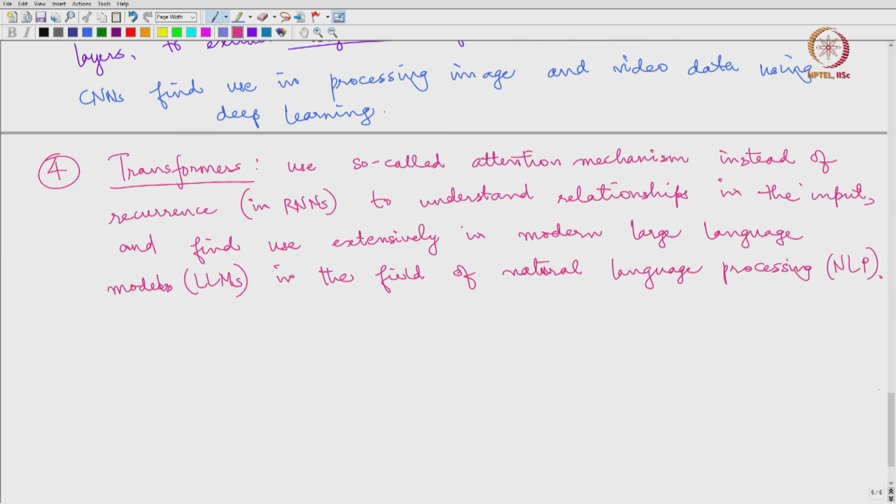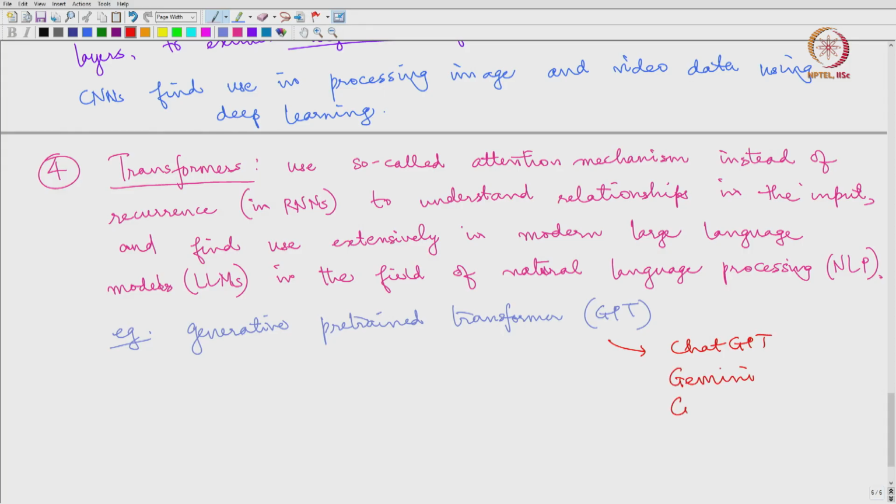So, examples basically are ChatGPT and BERT and so on. So, one type is generative pre-trained transformer. This is abbreviated as GPT, and this is the backbone of things like ChatGPT, Gemini, Copilot and so on.